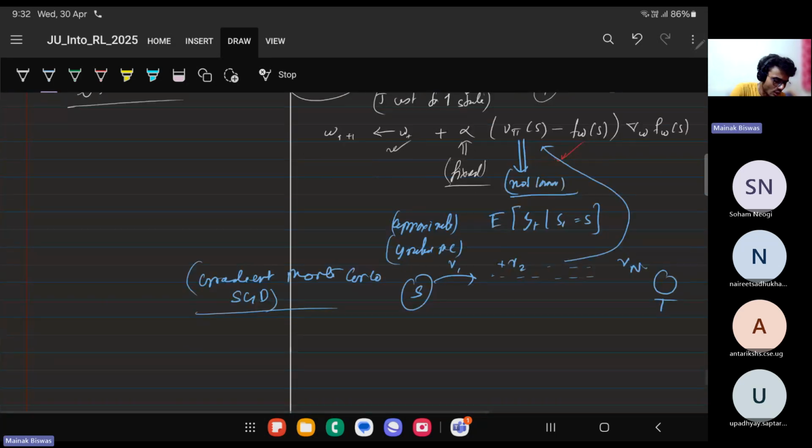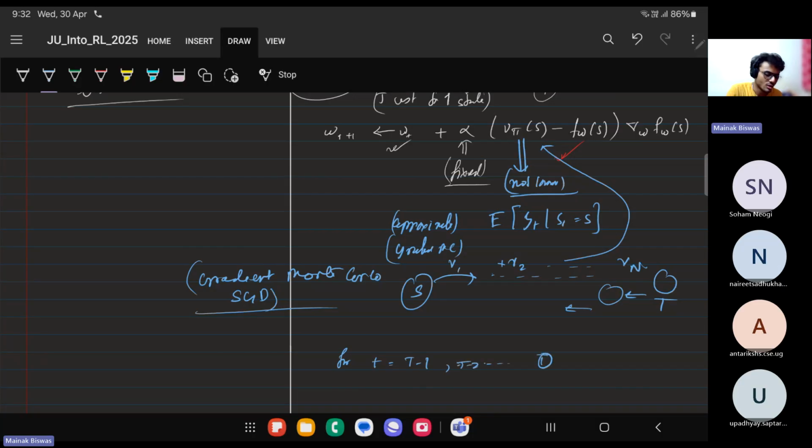Let's see how you do it. Can you tell me a DP for t equal to T minus 1, T minus 2, down to 0? What can I do? I can write G_t as G_{t+1} plus reward. Yes, like we did in model free approaches.